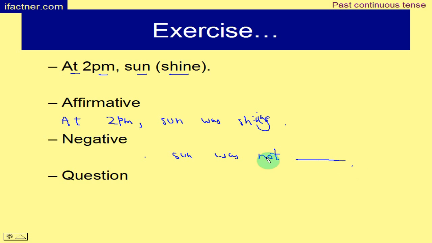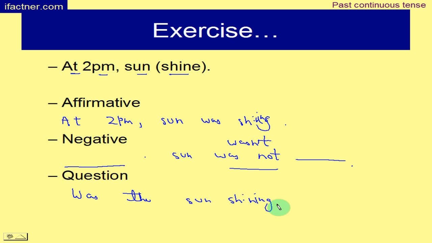And the contracted form would be: at 2 p.m., the sun wasn't shining. And what would be the question form? Yeah, was the sun shining at 2 p.m.? And then question mark.